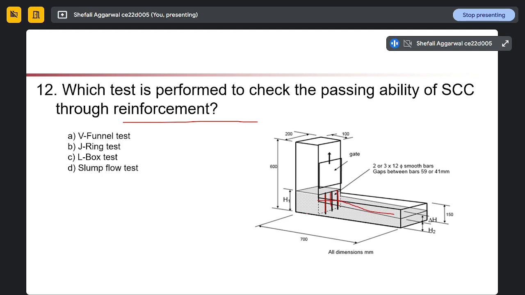The next question is, what is the primary cause of excessive expansion in cement detected by the Le Chatelier test? We are doing this test for the soundness of cement.